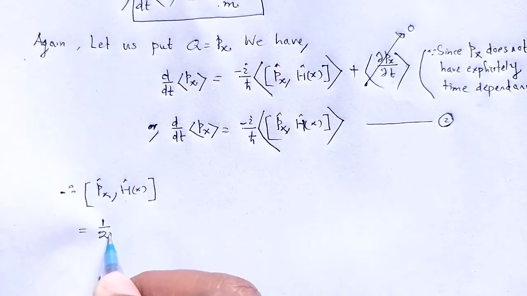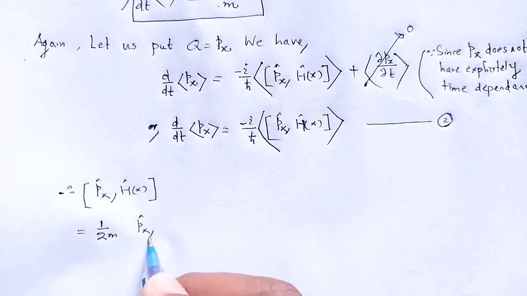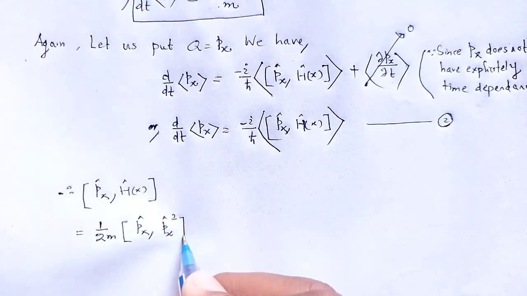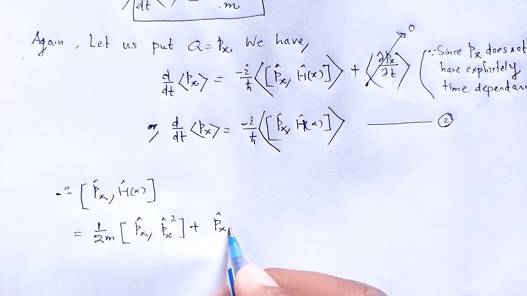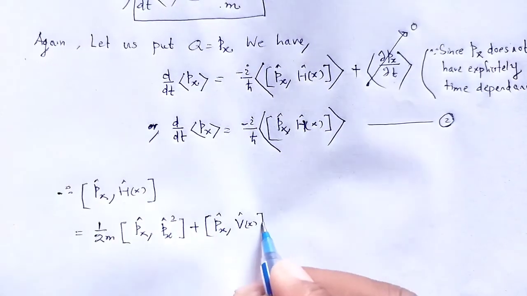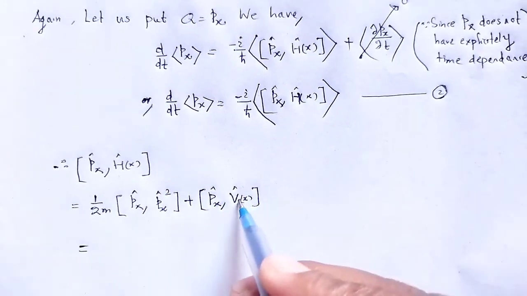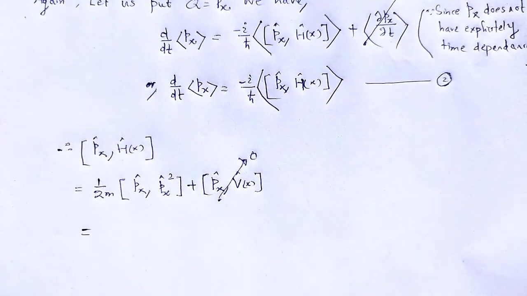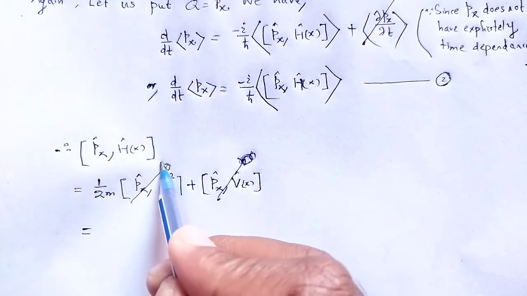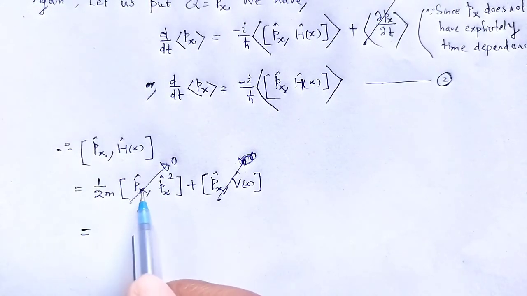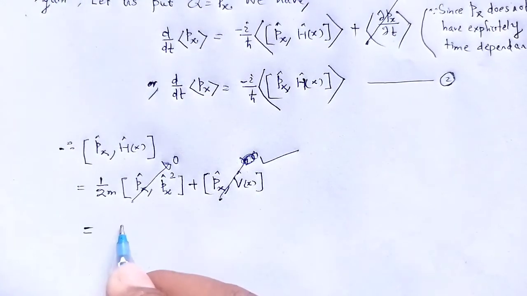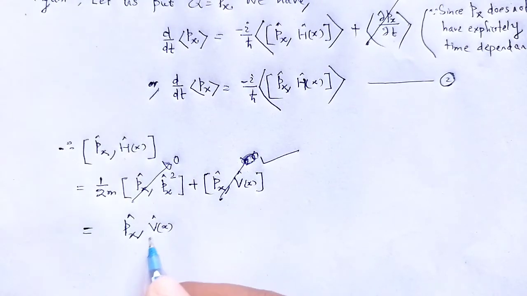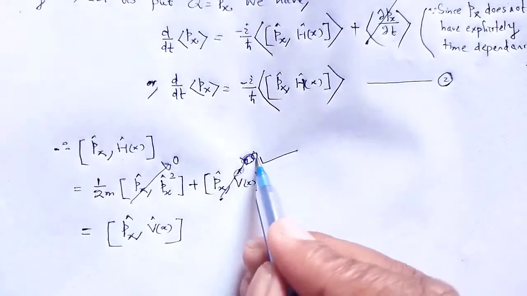We have 1 by 2m Px squared plus V of x. The commutator of Px with Px squared will be 0, that value is 0 when it is the same term, but the term that exists is the commutator of Px cap and V cap of x. Okay, that value exists.